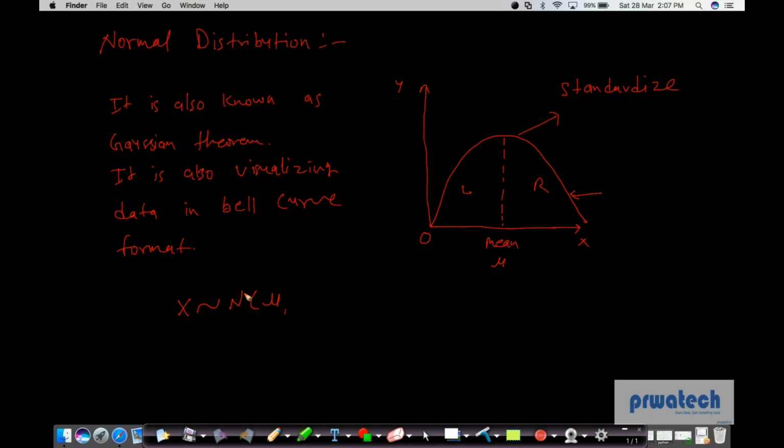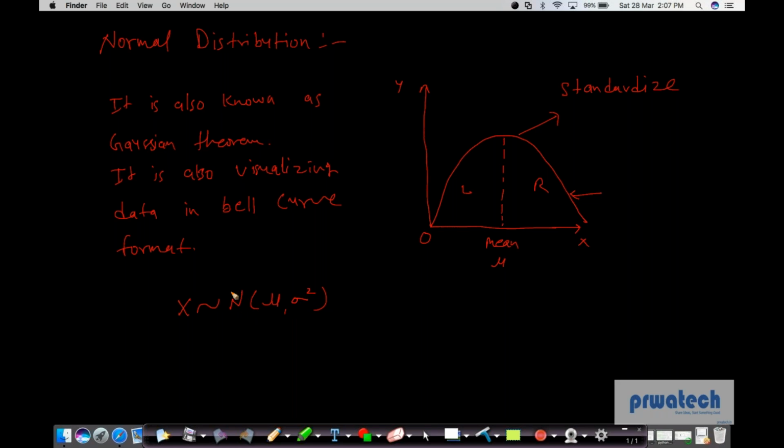What is the value of it? And what is the value of the variance? We have seen these two formulas in central tendency, guys: how to get the arithmetic mean, and how to check the variance. There we have seen sample variance and population variance. So this sigma square is the variance.